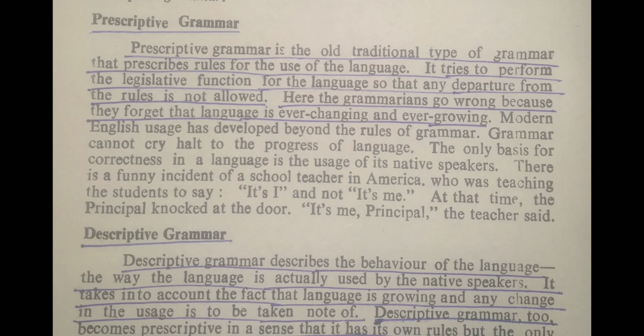The grammarians of prescriptive grammar are actually wrong because they forget that language is ever changing and ever growing, since language is dynamic, right? Language is changing every day. The kind of language that was used, say, 200 years ago is not used today.